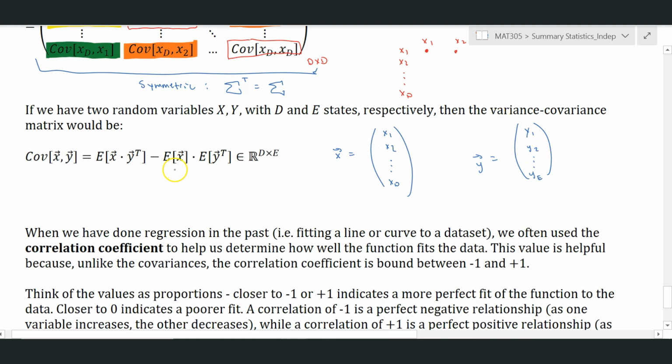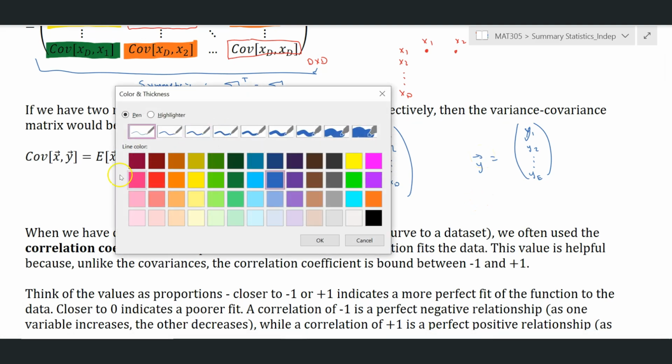And there aren't going to be any variances here. They're all going to be covariances because x1 and y1 are different variables. So what you end up with is a d by e matrix. That'll look very similar. Something we'll return to later. I just wanted to point out that the two random variables do not have to be the same random variable.